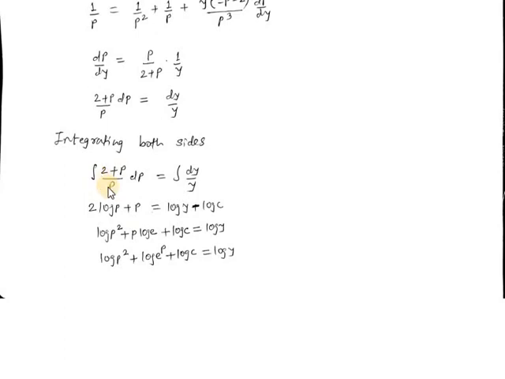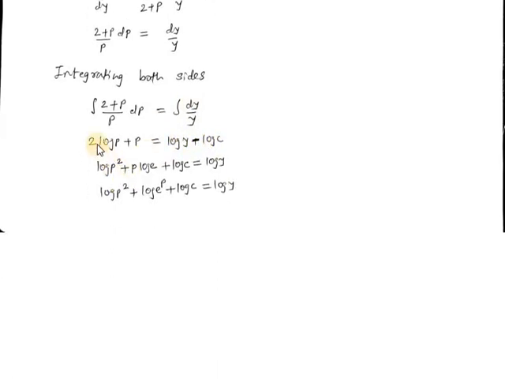Now dividing individually, here it will be 2 by p, so the integration of 2 by p with respect to p will be 2 log p, plus the integration of 1 dp is p, so here it is plus p, is equal to the integration of dy by y, which is log y minus log c. Okay, so here we can write log p square plus p log e, because p into 1 and 1 can be written as log e.